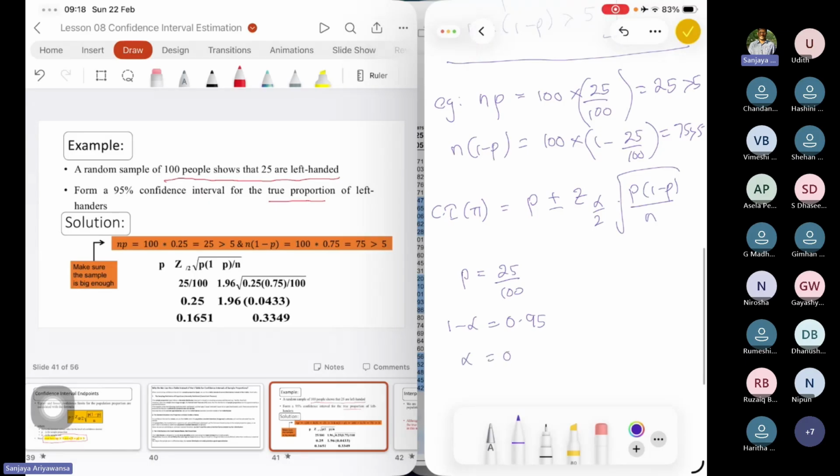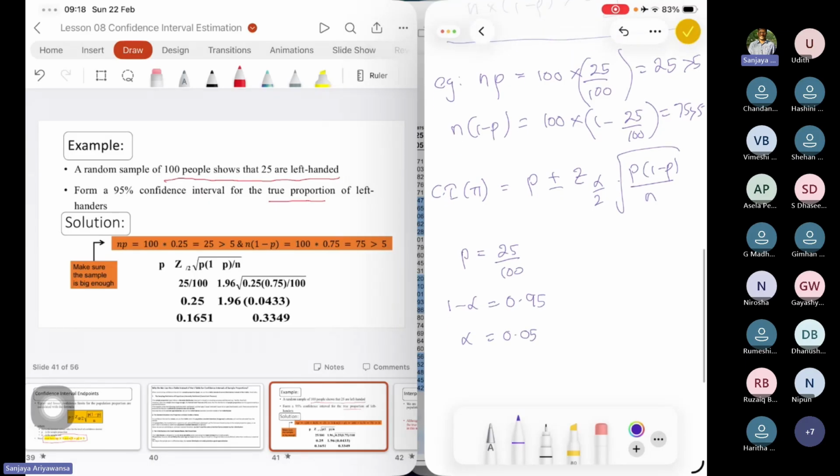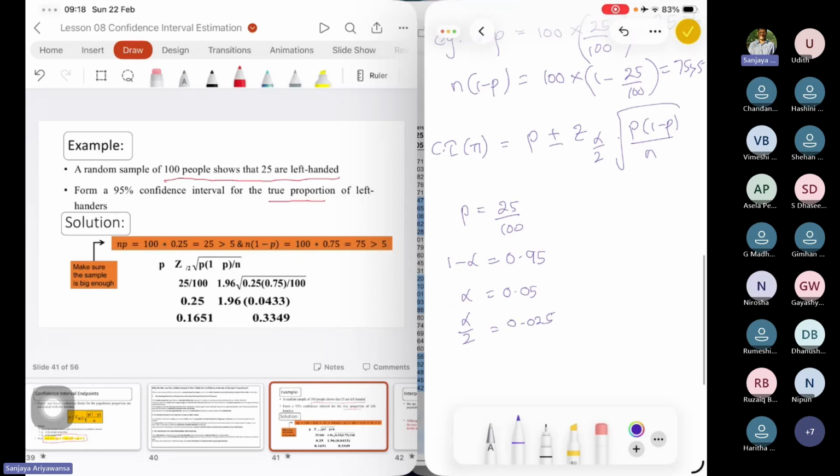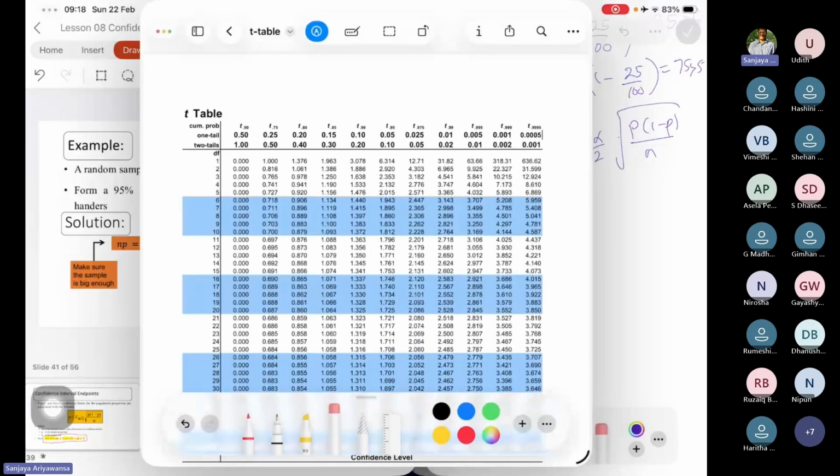Therefore, alpha is 0.05, and alpha divided by 2 is 0.025. Therefore, Z alpha over 2 is Z 0.025. Let's go to the distribution table, not the T table.